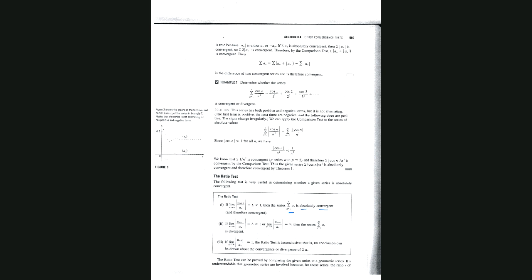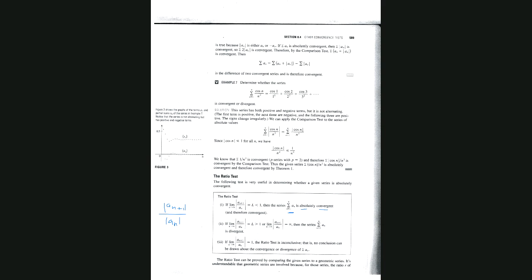Taking this limit of that ratio is the same as the limit of the ratio of the absolute value of those terms.